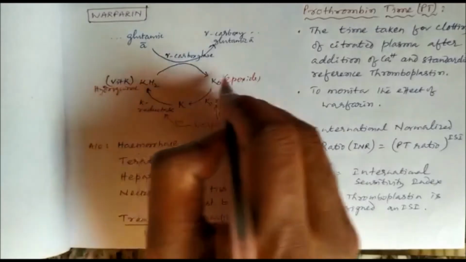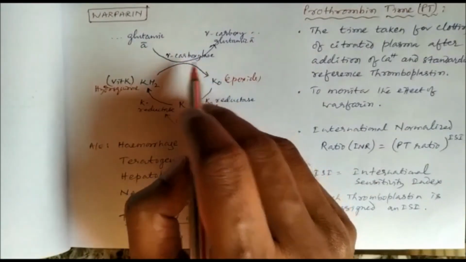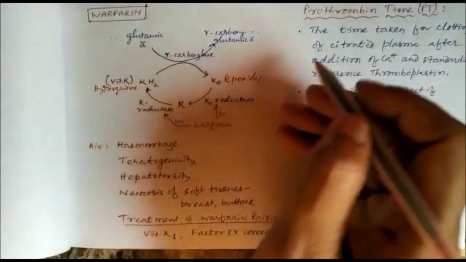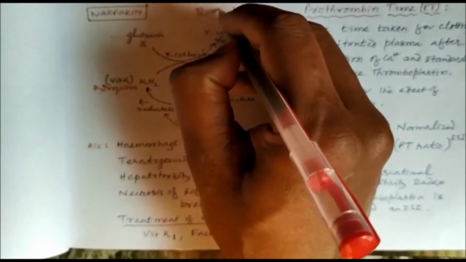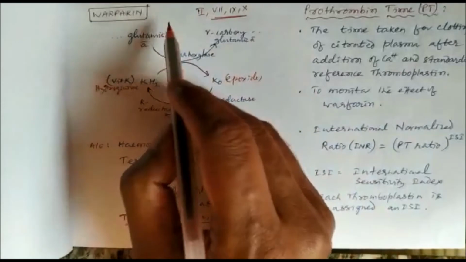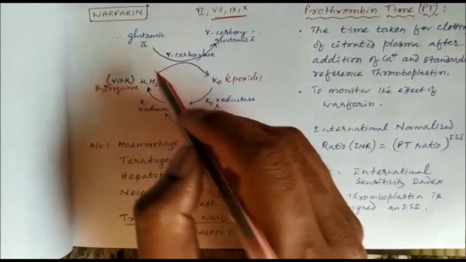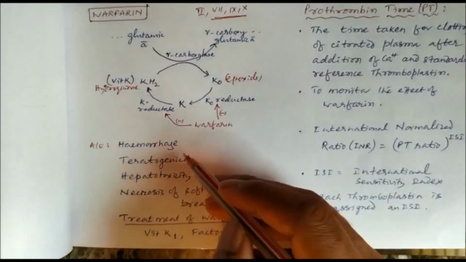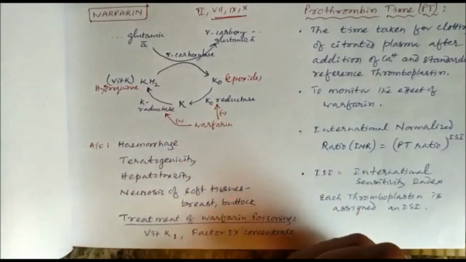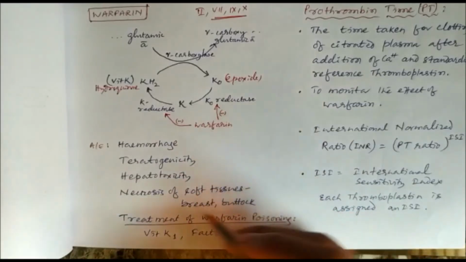So this reduction is inhibited, so there will be no regeneration of the active form of vitamin K, so there will be no gamma carboxylation, no synthesis of factors 2, 7, 9 and 10, and because of that there will be no blood coagulation. In this way oral anticoagulants like warfarin act, and they have adverse effects like hemorrhage, teratogenicity, hepatotoxicity, necrosis of soft tissues of breast, buttock, etc. All these are side effects.